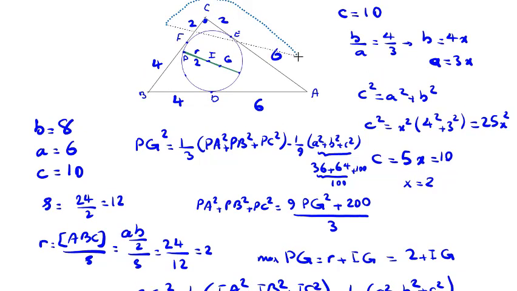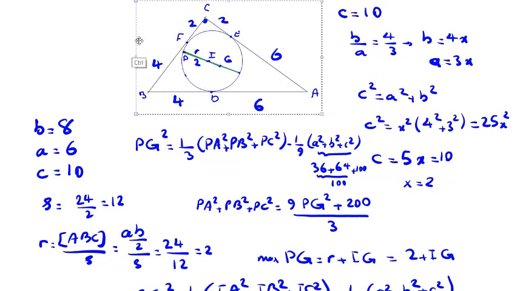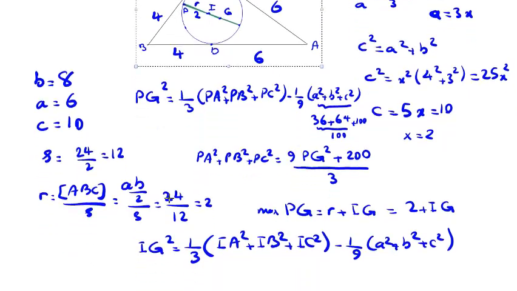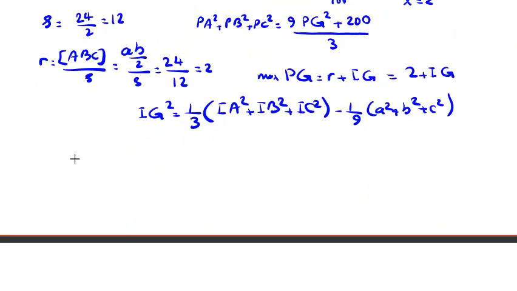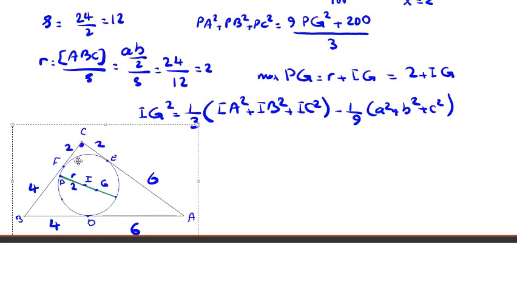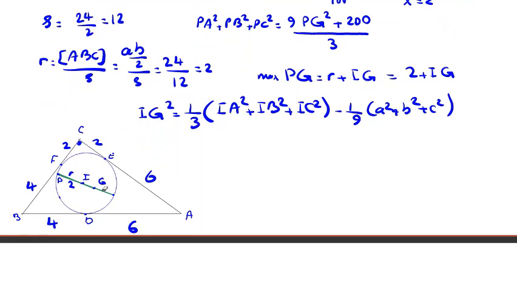Let me copy this figure and find them. Let's erase the things that we don't need in this part. If I want IB squared, it is r squared plus this. Also IA squared and IC squared.